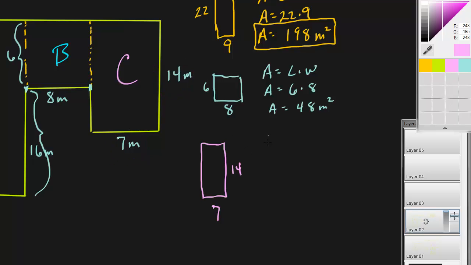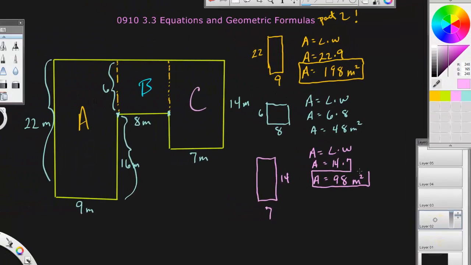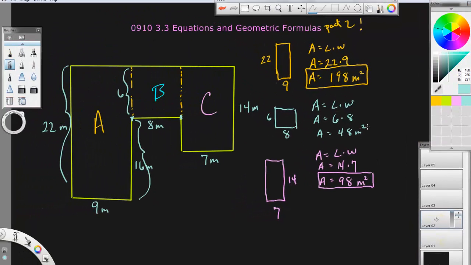The area is going to be length times width, which is 14 by 7. I cannot write today. 14 times 7 is 98. 98 square meters, because we have meters times meters. We'll box that one, and I'll make this look pretty, so I'll box this one.